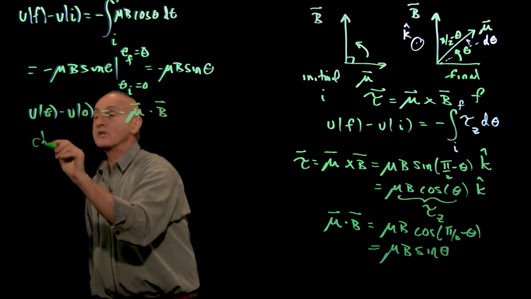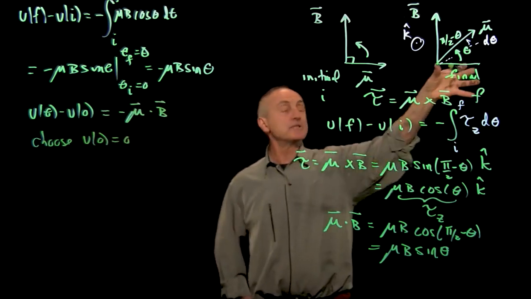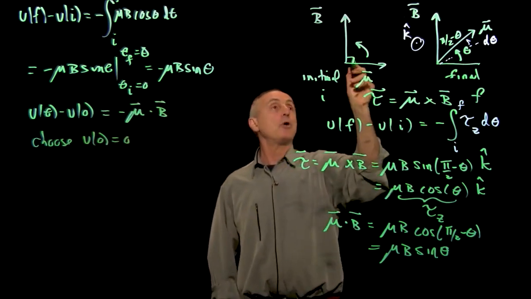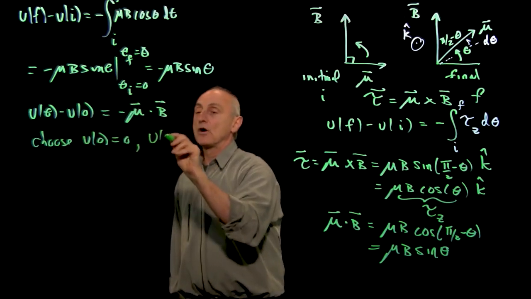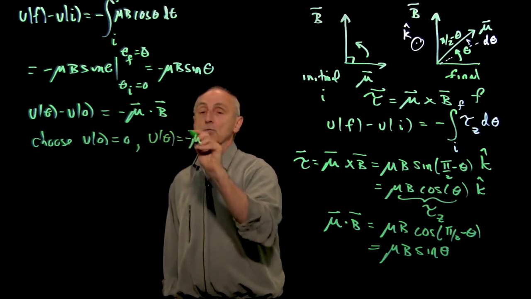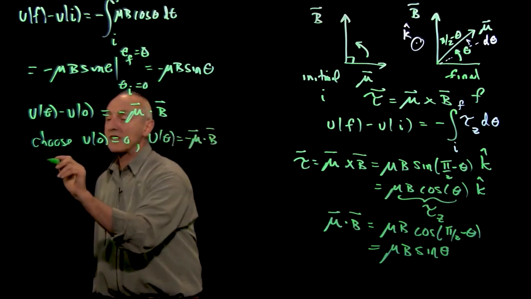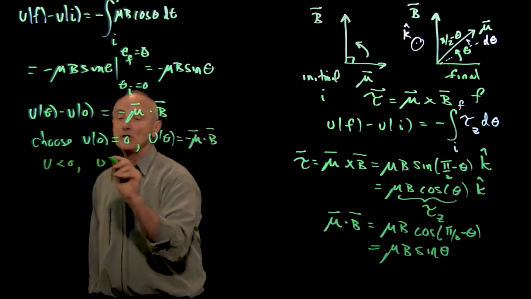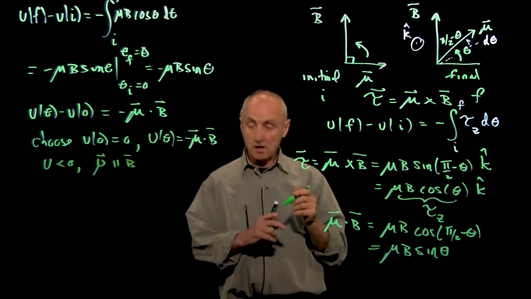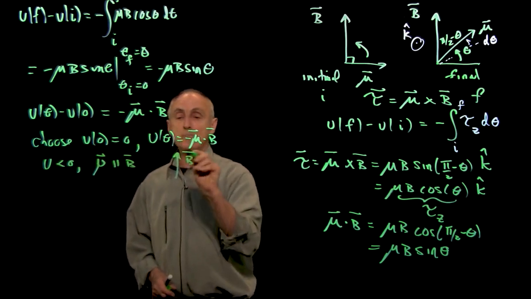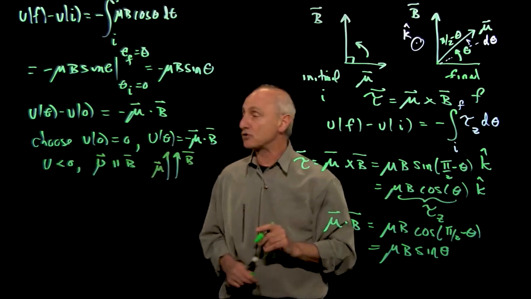Now, let's choose U of 0 to be 0. So we're talking about potential energy being 0 when the dipole is perpendicular. And we see that in that case, our potential energy function with this zero point is minus mu dot B. So notice that U is negative when the dipole moment is parallel to B. And so when the dipole moment lines up with the magnetic field, that's our lowest potential energy state.